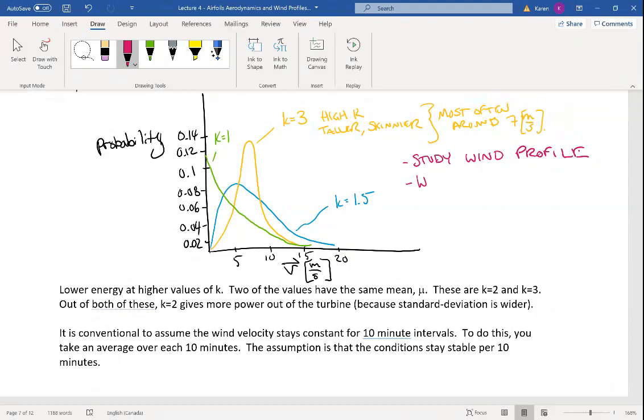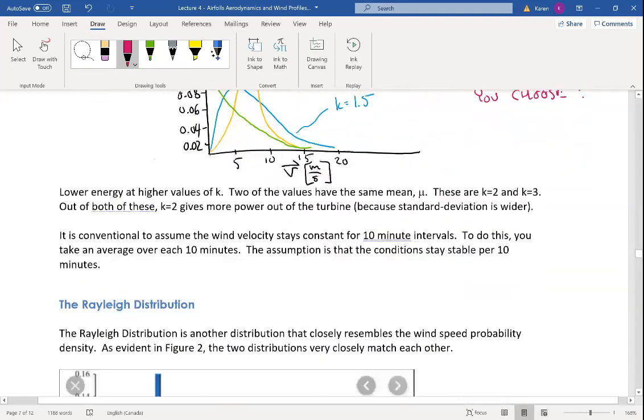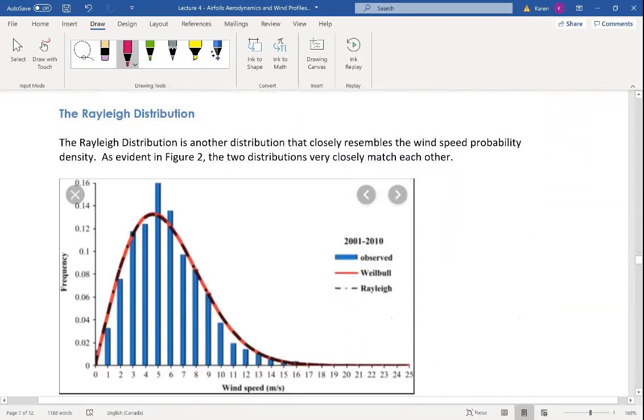I'm going to say, which one would you choose? Let's say these all have the same mean, would you put a wind turbine where this K value is equal to 1? Would you put a wind turbine with that kind of distribution? No, because most of the time you're going to have very low wind speeds. So that's the most common distribution in wind speeds.